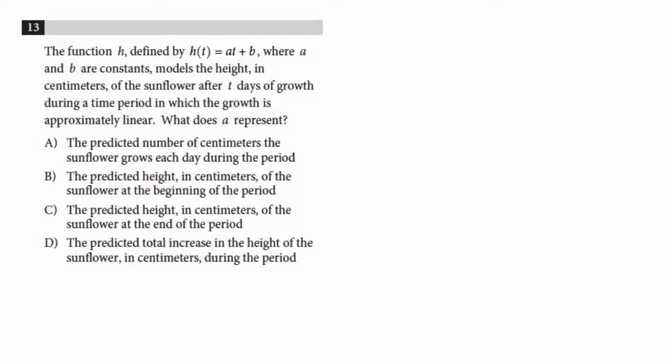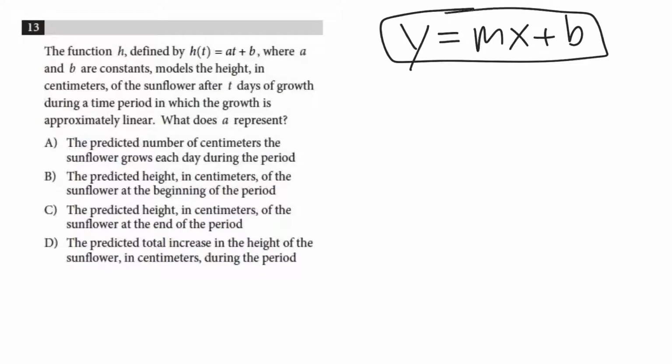Okay, number 13. The function h defined by h of t equals at plus b, where a and b are constants, models the height in centimeters of the sunflower after t days of growth, during a time period in which the growth is approximately linear. What does a represent? Again, you really can't say this enough. You have to be familiar with slope-intercept form of the linear equation. This is going to come up all the time on the SAT.